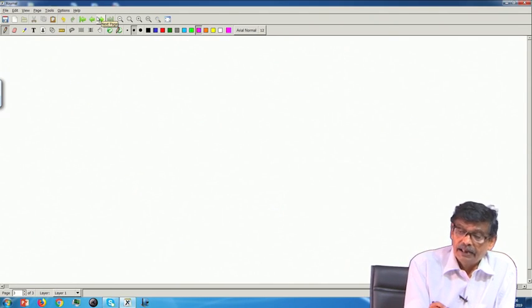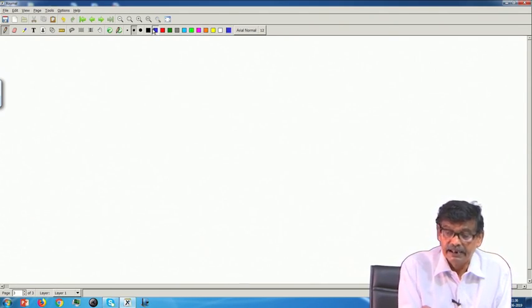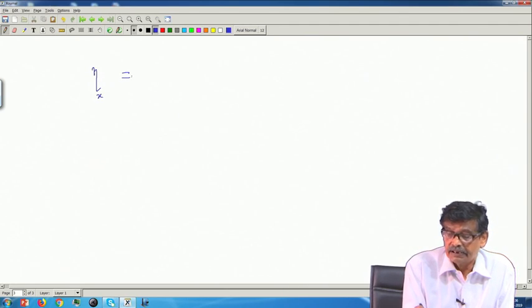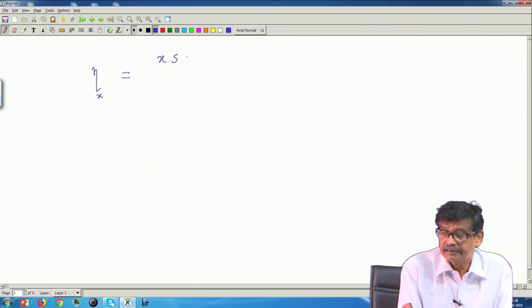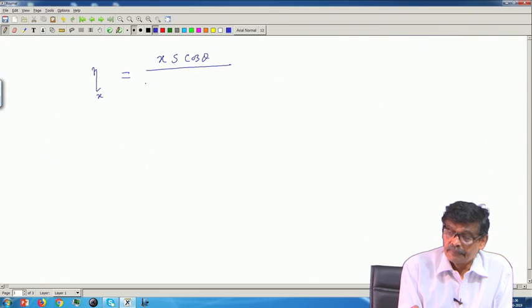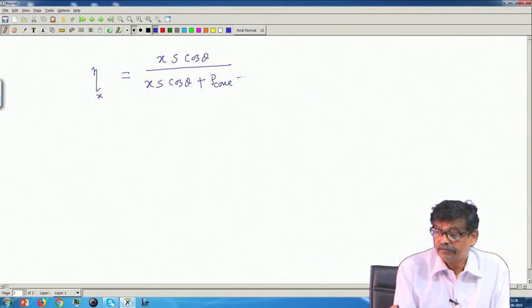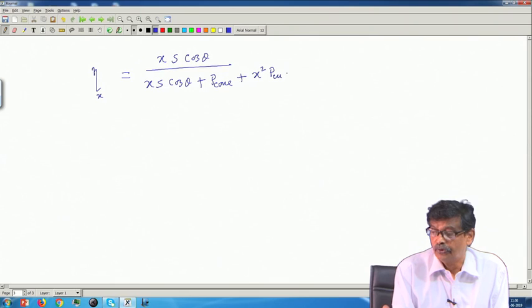Okay. So, I will start telling that eta at any degree of loading, I am rewriting this, is x S cos theta divided by output once again x S cos theta plus P core plus x square into P cu full load.